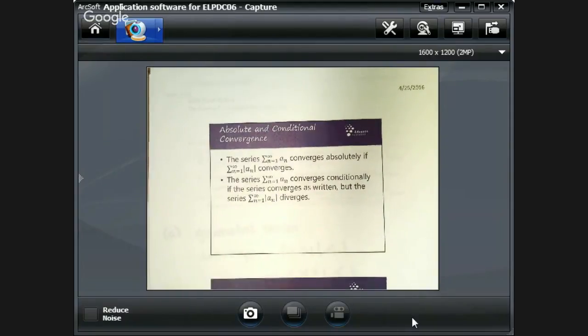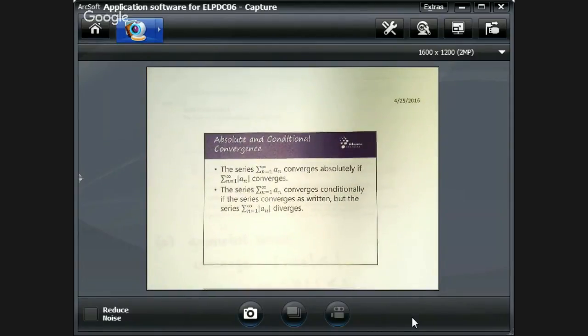It's not necessarily going to be asked directly, but if not this year, definitely next year when it becomes part of the new AP Calculus exam. The series converges absolutely if the absolute value of its terms converges. And the series converges conditionally if it converges as you have it, but the series of absolute values diverges.